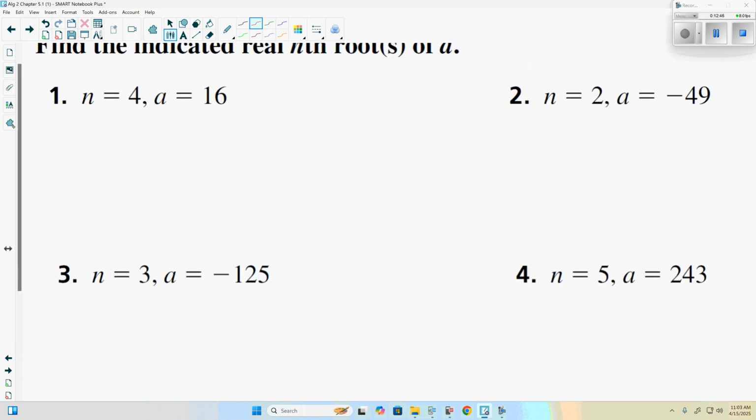All right. Let's look at number 1. 4 is our index. The number inside is 16. The fourth root of 16. So we're looking for a number times itself 4 times that gives us 16.